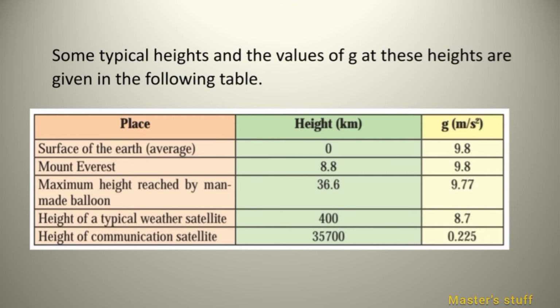The height of a communication satellite is largest, about 35700 km. The value of g decreases considerably to about 0.225 meter per second square.